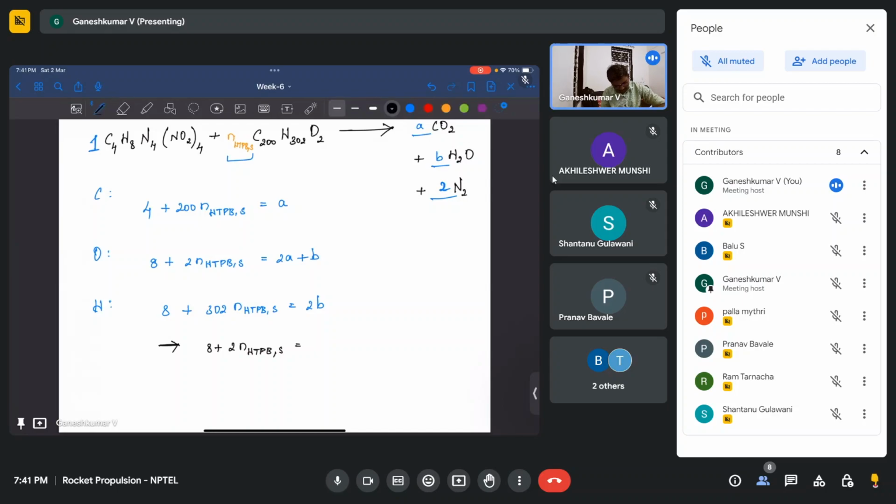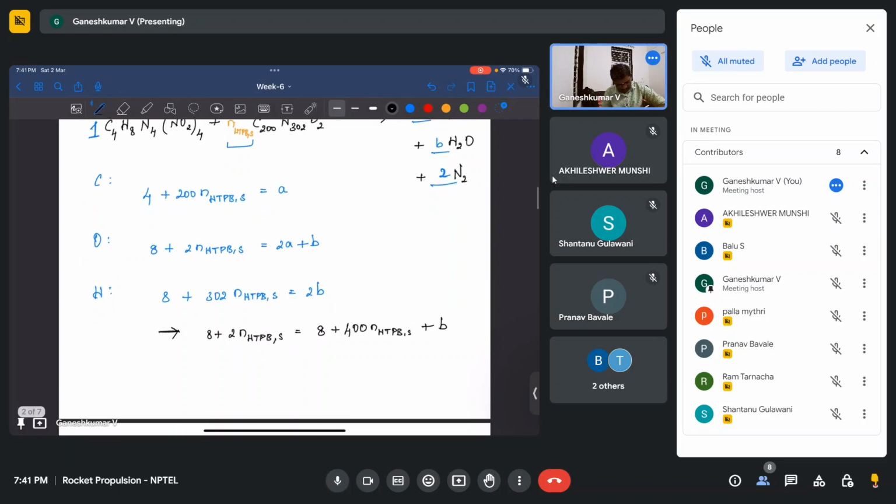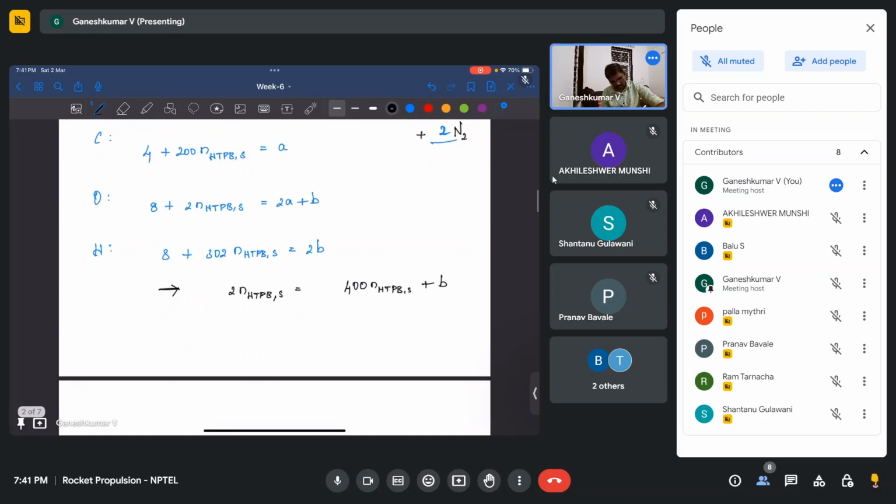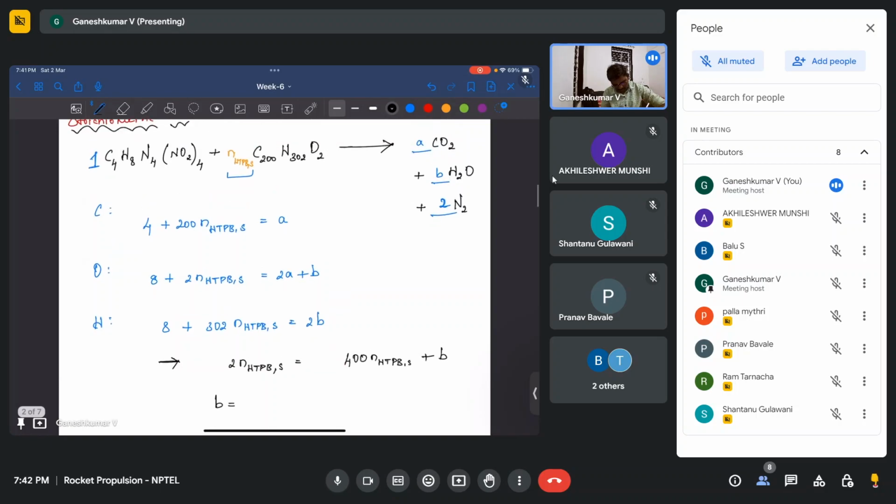Two into 4 is 8, plus 400 N of HTPB, plus B. The 8 gets cancelled, and then B is equal to... something doesn't feel right.